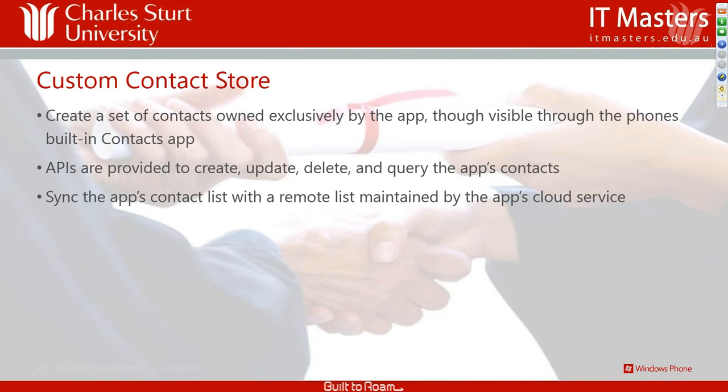The advantage there is that those contacts then appear in the People Hub, okay? And you can link those contacts with your existing contacts that might come from Outlook or from Exchange or Facebook or Twitter. You can link those contacts together to provide single contact cards for your contacts. Okay, and again, this is available not just to Skype or to Lync, it's also available to your application.